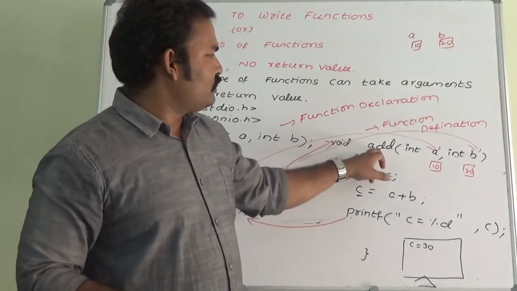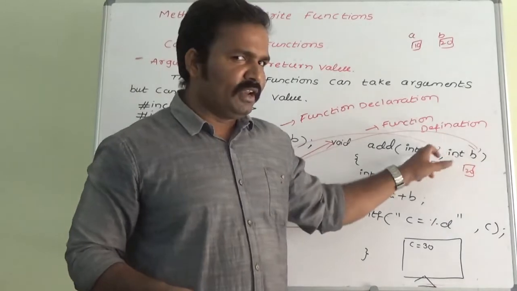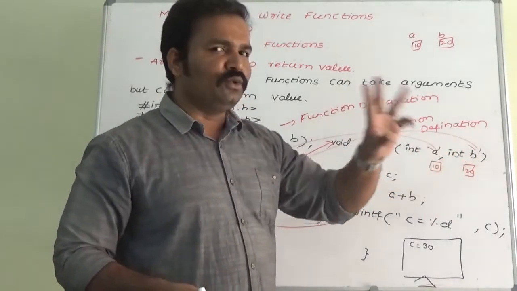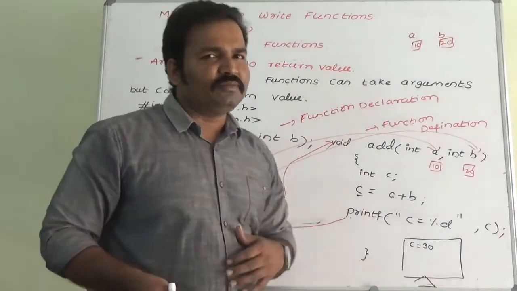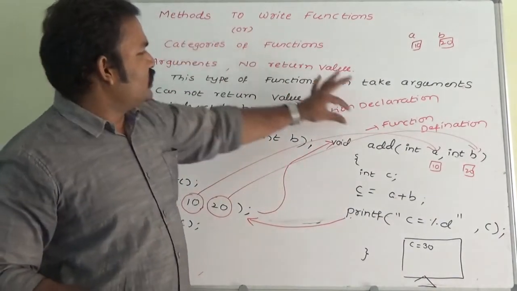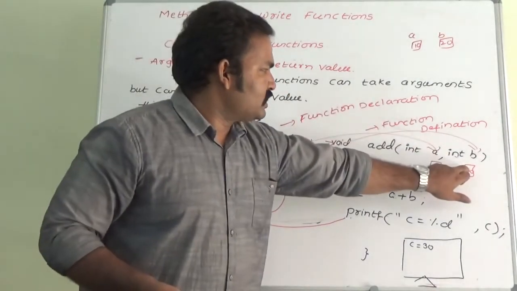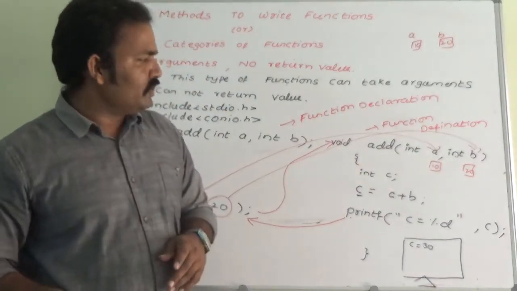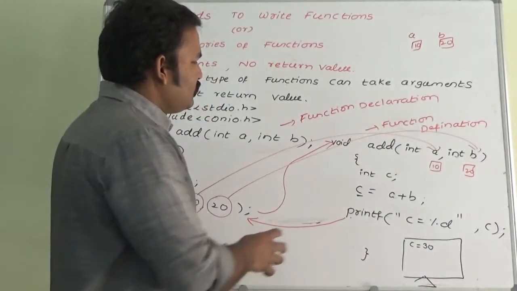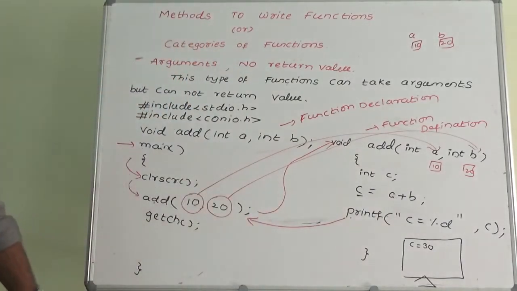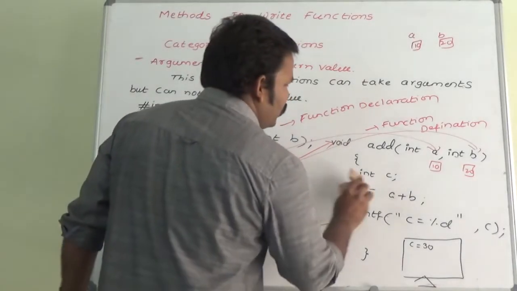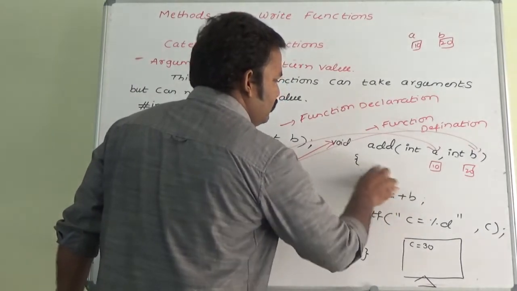So this is the function with arguments and no return value. This function can take 2 arguments, but it cannot return any value. Instead of writing these 3 statements, we can reduce the number of statements. No need to declare the c variable here.